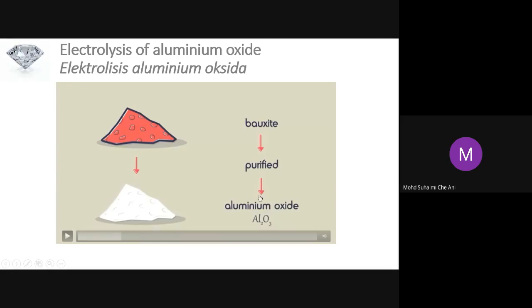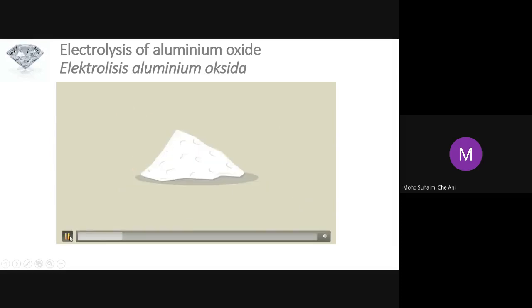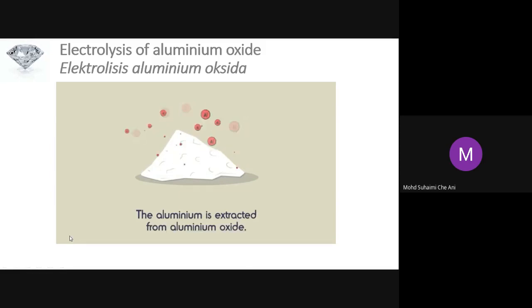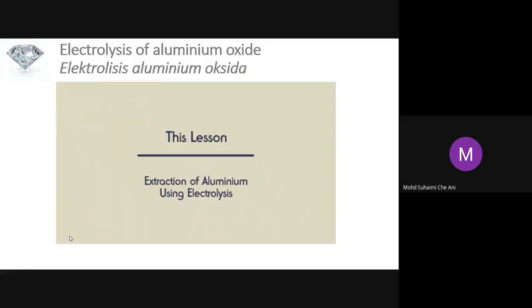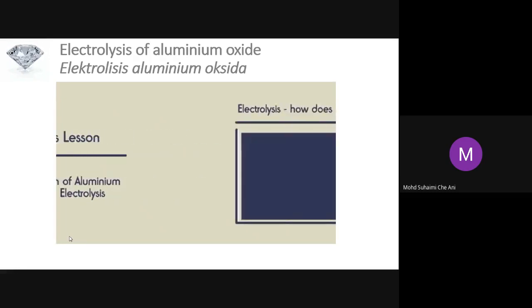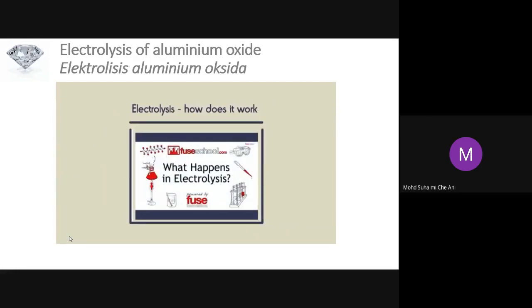Aluminium oxide is the natural compound for the aluminium. But now you want to get the aluminium metal only. You don't want the aluminium oxide. You want to get the pure aluminium from the aluminium oxide. So what you need to do is the electrolysis method. In this electrolysis method, they will put it inside a very big tank.